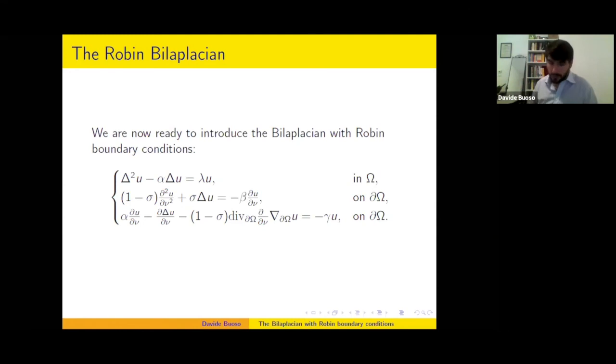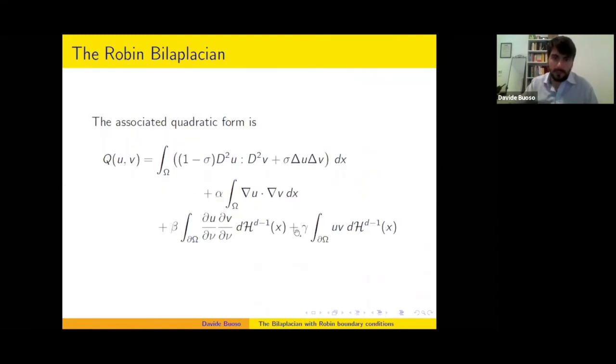This seemed quite natural also because, as we said, if you just say beta equals 0 and you let gamma be the eigenvalue, then this becomes a well-known Steklov type problem for the Bilaplacian, and this is the one that Luigi Provenzano and myself introduced, which can be seen, for instance, if you take the Neumann problem and you put a weight that is now concentrated on the boundary, you end up with this type of problem. So in a sense, these are the natural terms to add to get a Robin type problem. But any other thing would do.